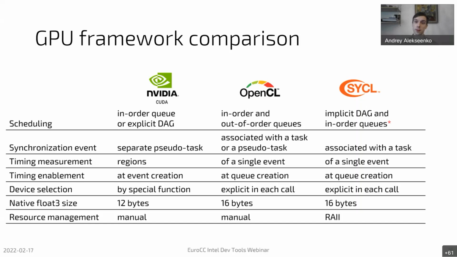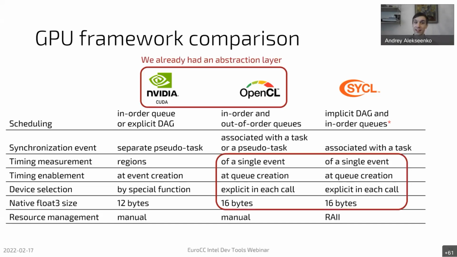But in the SYCL 1.2 standard, in-order queues were not a thing. Only the implicit DAG using buffers was fully supported. And even in SYCL 2020, there is no standard-compliant way to insert a barrier. So you can only synchronize with individual tasks.